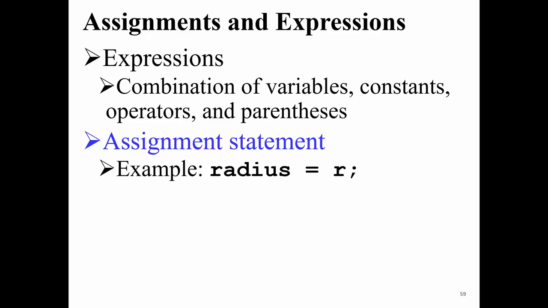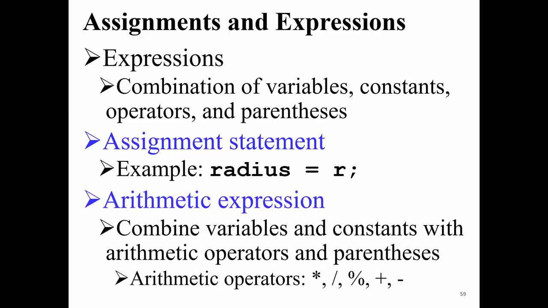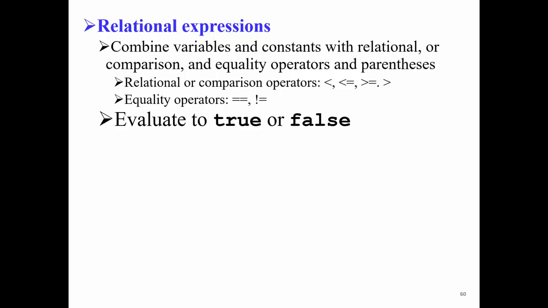Assignment, we have to make sure that the assignment is written in an appropriate way. When you have a data type, you assign a right value to that data type. Okay, arithmetic expressions: multiplication, divisions, remainders, additions, subtractions, and how they are ordered. Relational expressions: greater than, less than, equal, not equal. These relational expressions always return true or false.